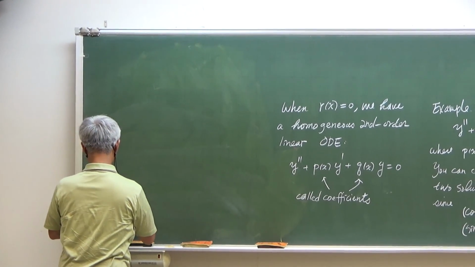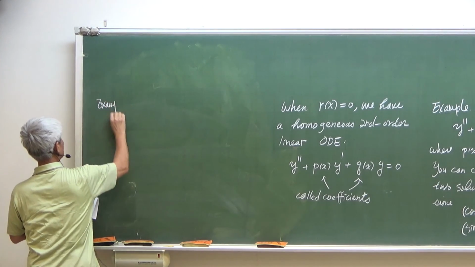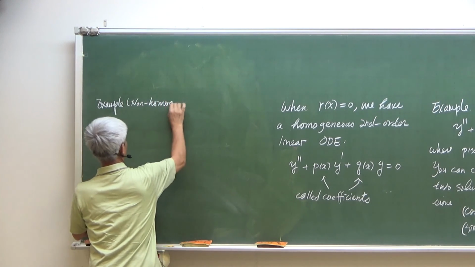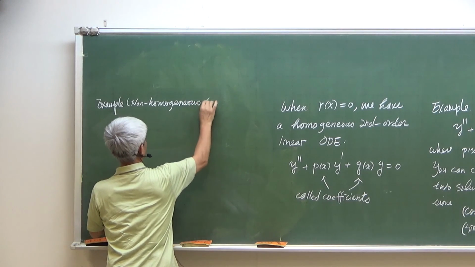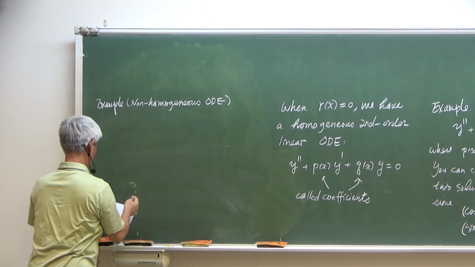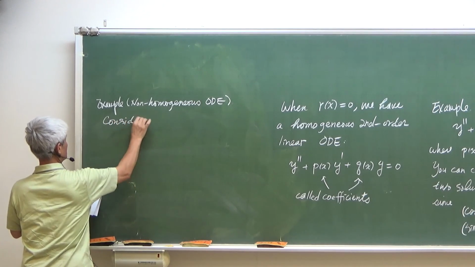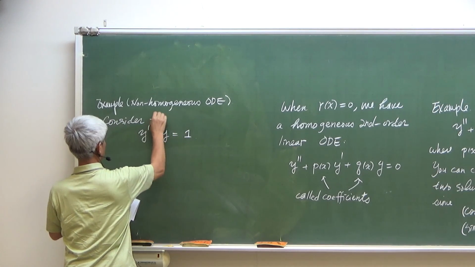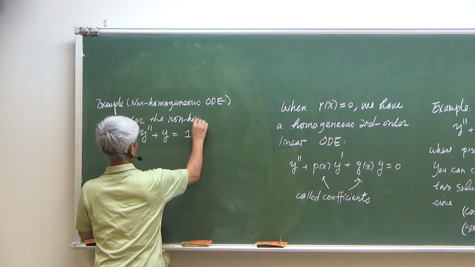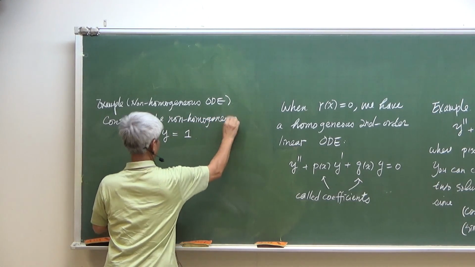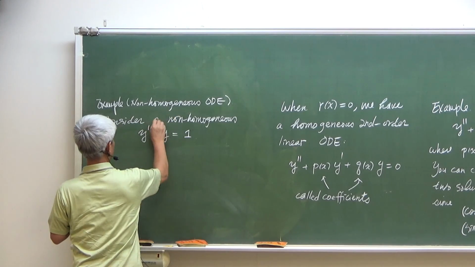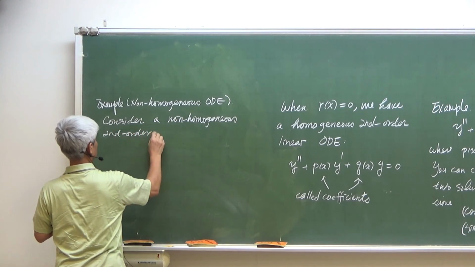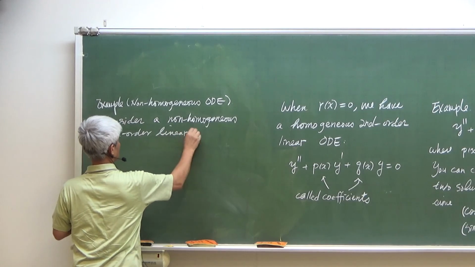Example. Consider a non-homogeneous second order linear ODE.